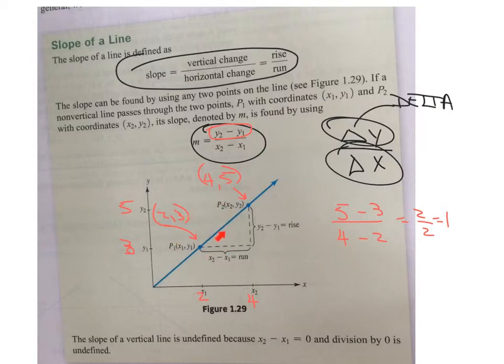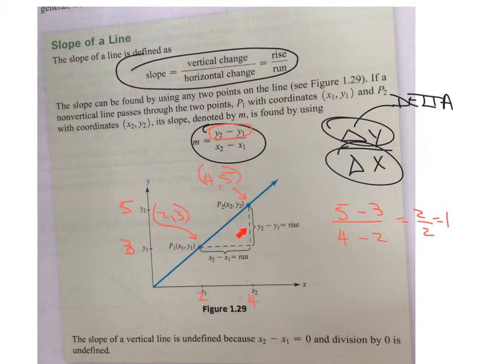So instead of using numbers, they used x subscript 1, y subscript 1 for one point, and this is the other point. So what they did is they took this y here and subtracted this y: y2 minus y1 over x2 minus x1.